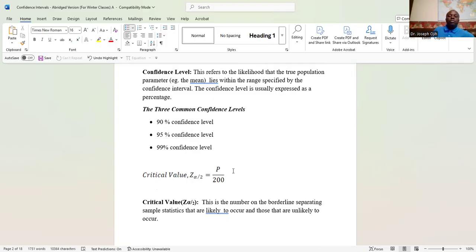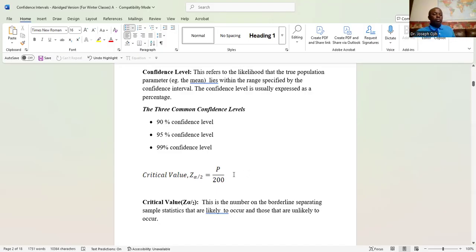If you're 90% confident, your chance of being wrong is 10%. If you're 95% confident, your chance of being wrong is 5%. Similarly, if you are 99% confident, your chance of being wrong is 1%. The pharmaceutical industry and people in the medical field have to use 99% because patient life is at stake.